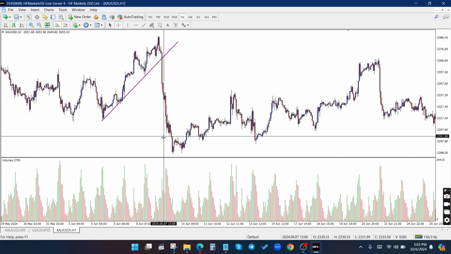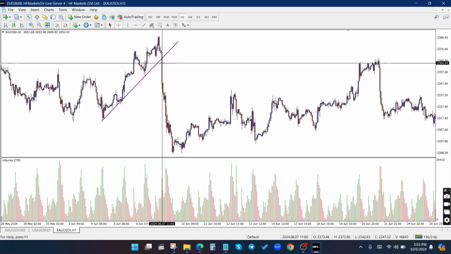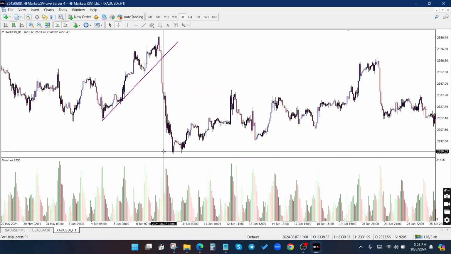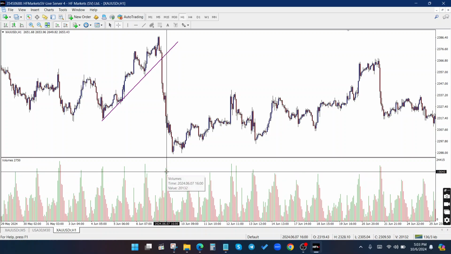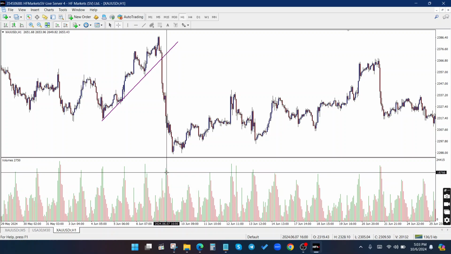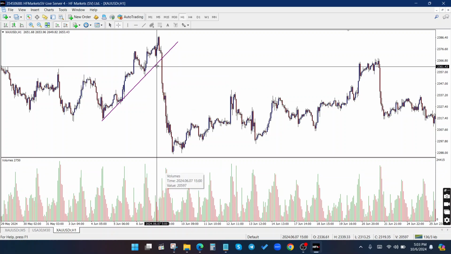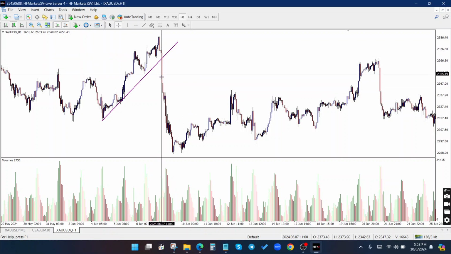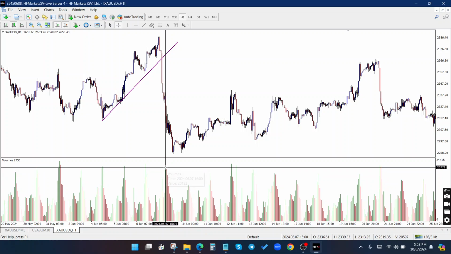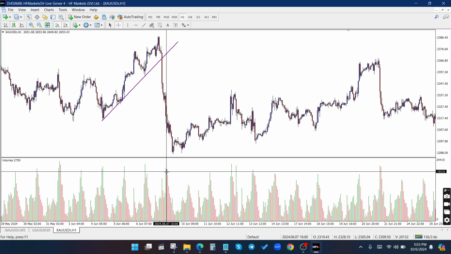It suggests, and right after the support was broken, can you see what happened? Can you see that there was a change in volume? You see the volume decreased just right after this breakout happened. You can see that the volume started decreasing.